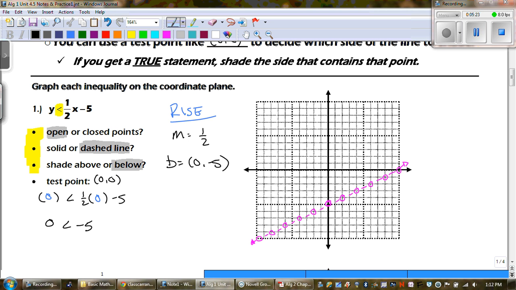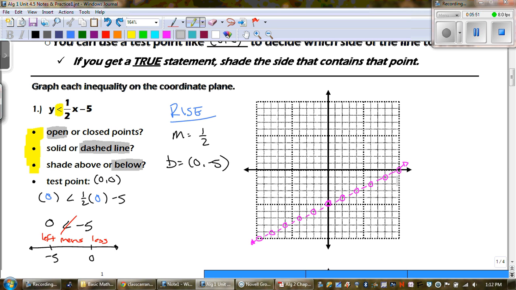Is 0 less than -5? And that's when you're thinking on a number line, here's -5, where would 0 be? 0's to the right. Okay, remember left means less. 0 is not less than. So when we're graphing this part, this should not be part of my solution.